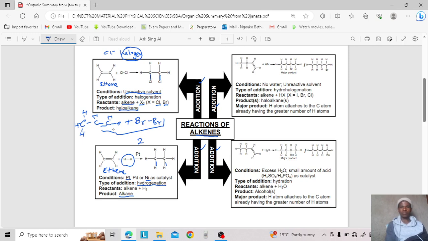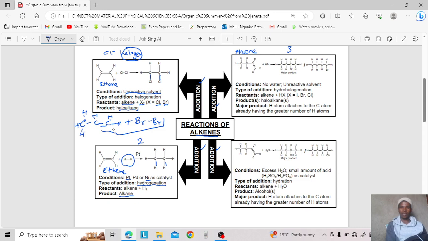Right, let's check number 3. This is another addition reaction. On this addition reaction, let's check what we have. We have an alkene here.